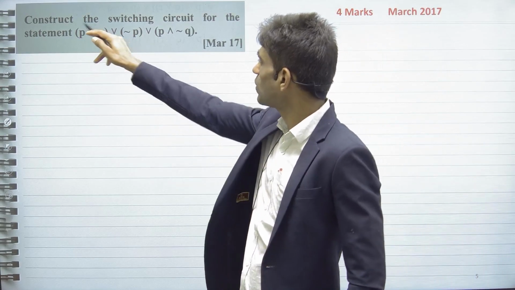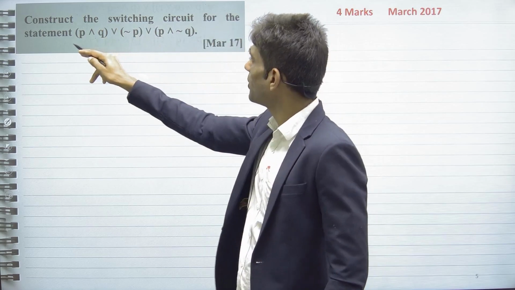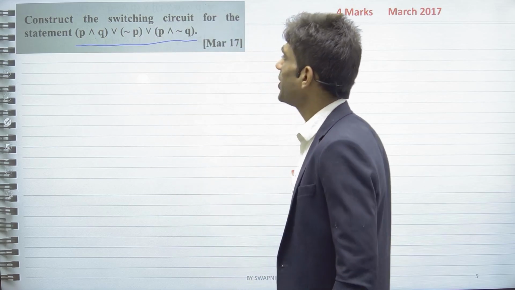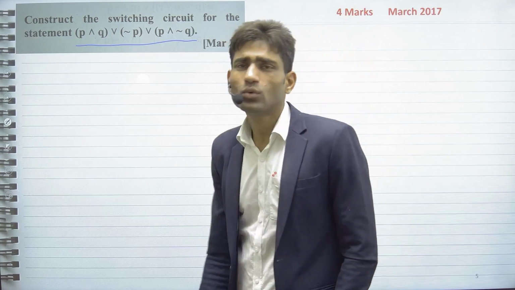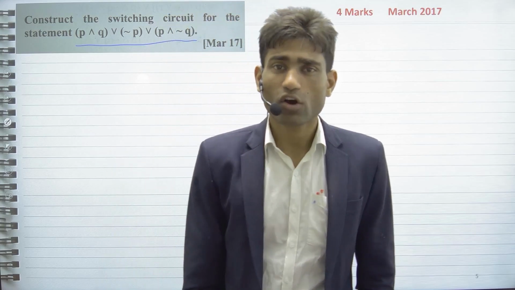Here we construct the switching circuit from our statement P and Q. Observe our statement with P, Q, negation P, negation Q, and between them conjunction, disjunction and implication. You need to understand all of this first.